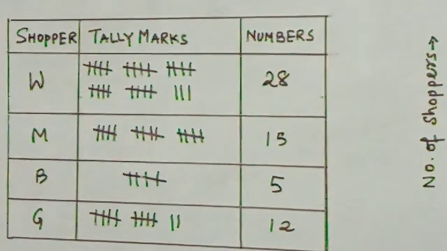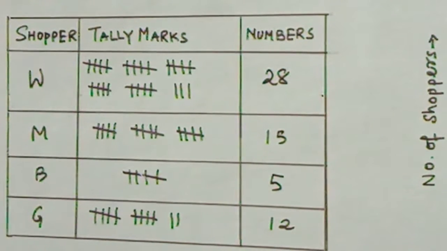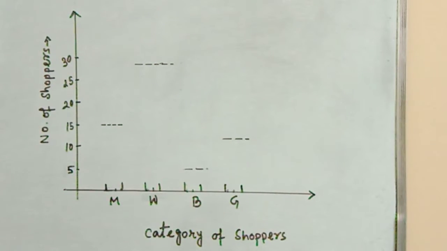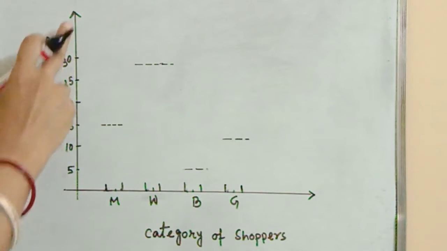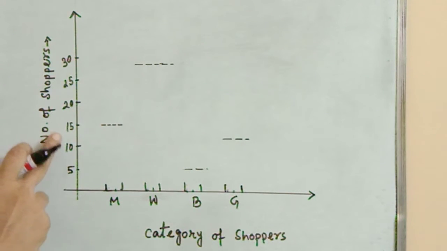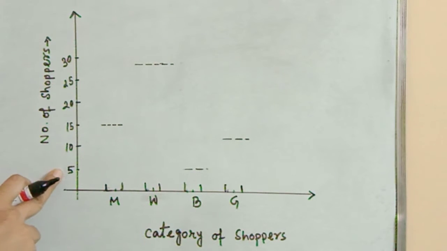Now come to drawing the bar graph. We have taken men, women, boys and girls. So I have given this category of shoppers on the horizontal axis, and on the vertical axis I have marked the number of shoppers.